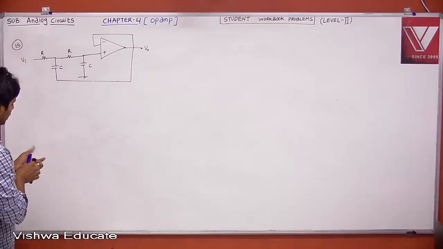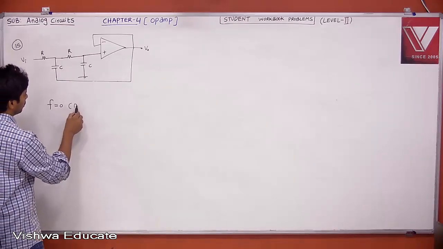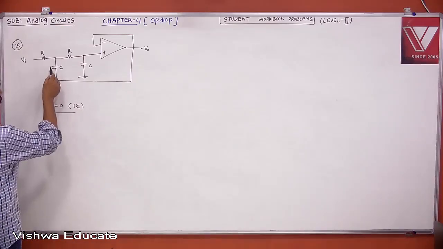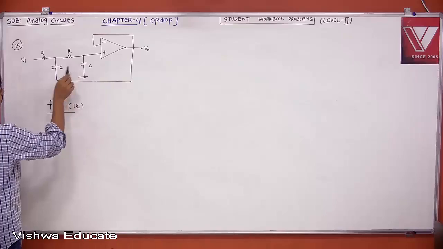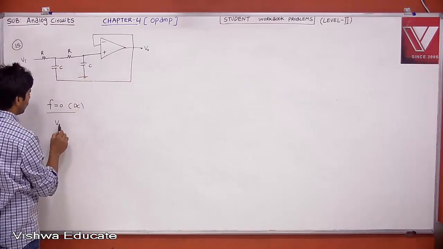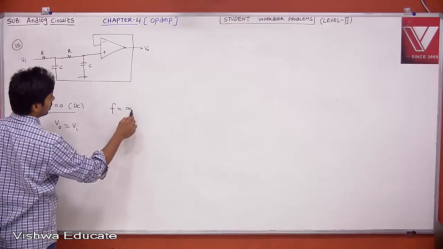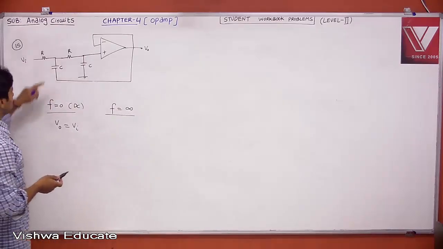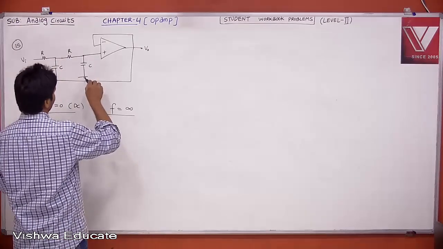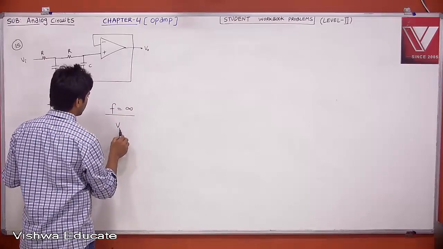Okay, for filter action, when frequency is equal to 0, what is that? DC. Then what is your output? For DC, this is open, this is open, there is no current entering into the op amp, the VI will come here. Therefore, what is your V0? V0 is nothing but VI. Now, when frequency is infinity, this is short circuit, this is short circuit, right? Therefore, when this is 0, your output voltage will be 0.